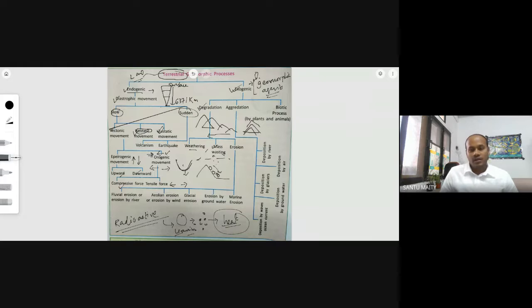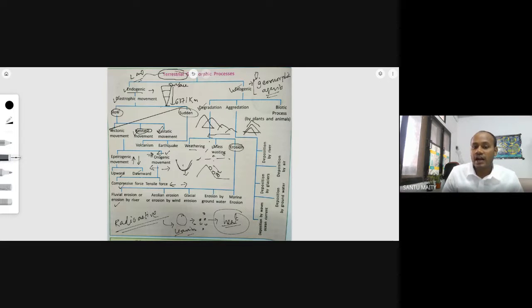Landslide is a kind of mass wasting. And also erosion: fluvial erosion is the alternative name for erosion by the river, aeolian erosion is erosion by the wind, glacial erosion by the glacier, erosion by the groundwater, and marine erosion by the sea wave.